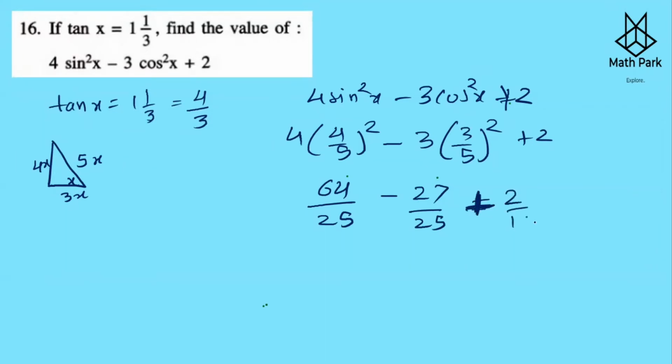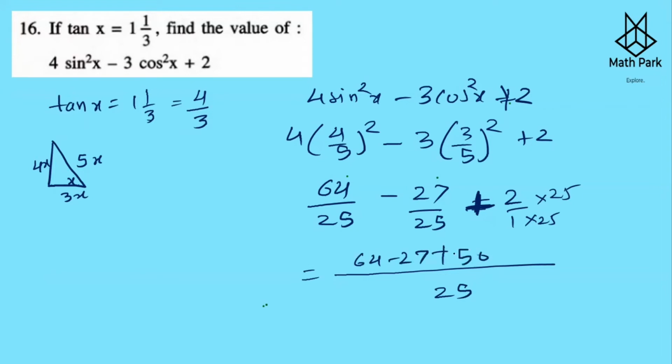So 2 upon 1. So we'll multiply by 25 here so that the LCM is 25. So the denominator is 25. So we have 64 minus 27 plus 50. 64 minus 27 is 37 and 37 plus 50 is 87 upon 25, which can be written in the mixed fraction. 25 threes are 75 and 75 plus what gives 87.